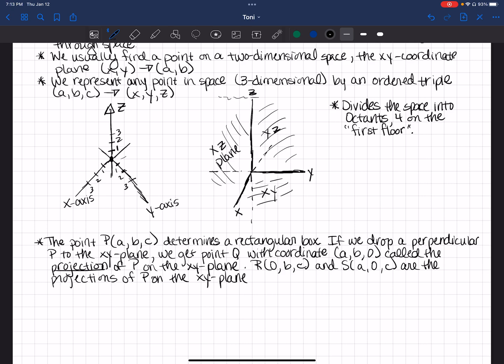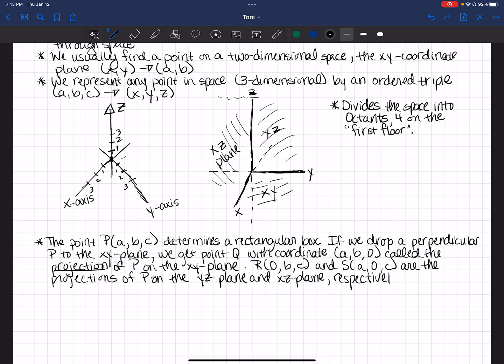Let's see, that should be the YZ plane. That should not be XZ, sorry. That should be the YZ plane. And XZ plane, respectively.